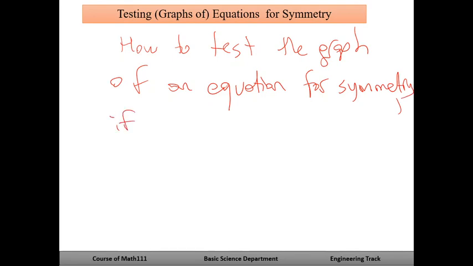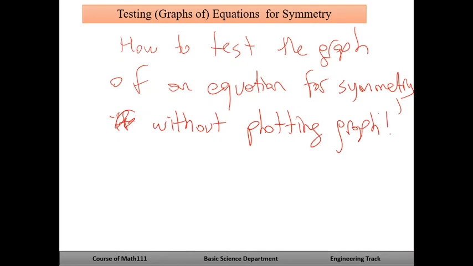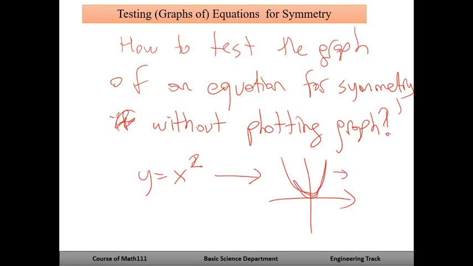I mean without plotting the graph, without sketching the graph. So this is the idea, like you know, we have y equal to x squared, for example. If you plot the graph or sketch the graph, you will have this one, and you say this is symmetric with respect to y.